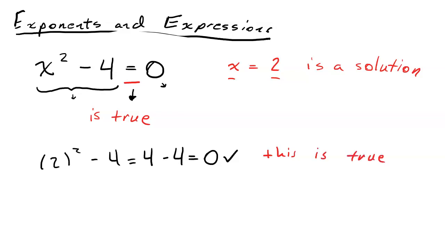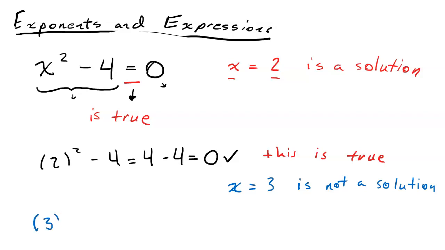Now, for any other input of x, so let's say x is equal to 3, this is not a solution. And what does that mean? Well, that means that putting x equal to 3 into our equation does not prove that this equation is true, or it is a false statement.